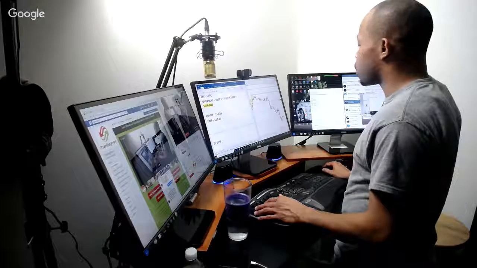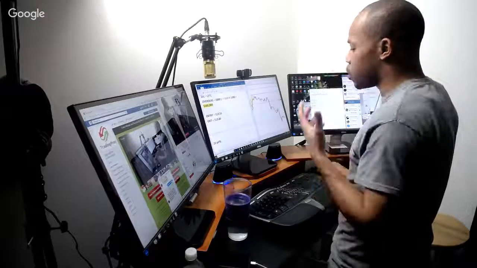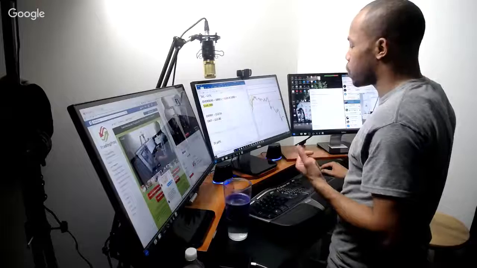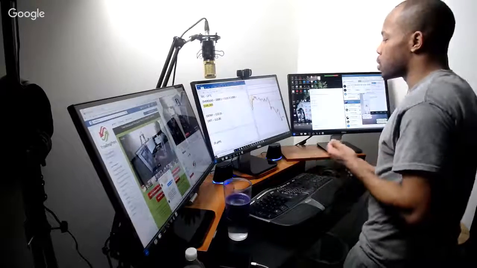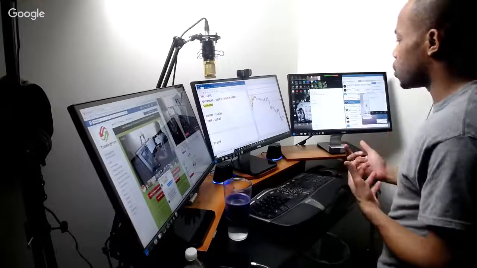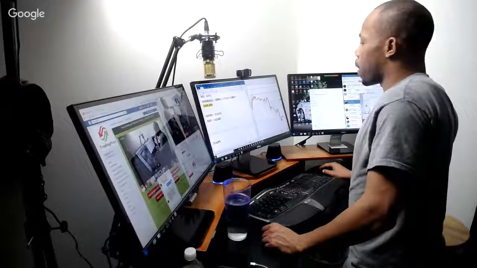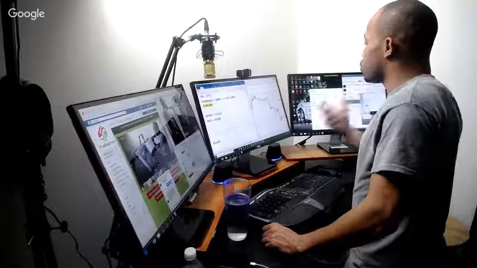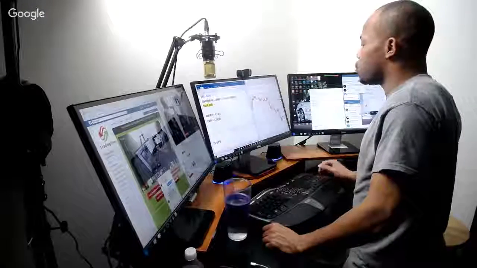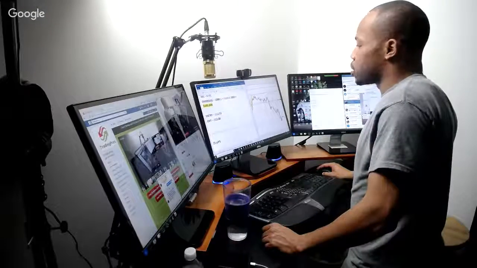Now, if we took $1 per pip risk, then we would have lost $25. If we would have taken a $10 per pip risk, it would have been a loss of $250. Okay, so before you even get into these trades, you already can do the math on the position size you want to take.